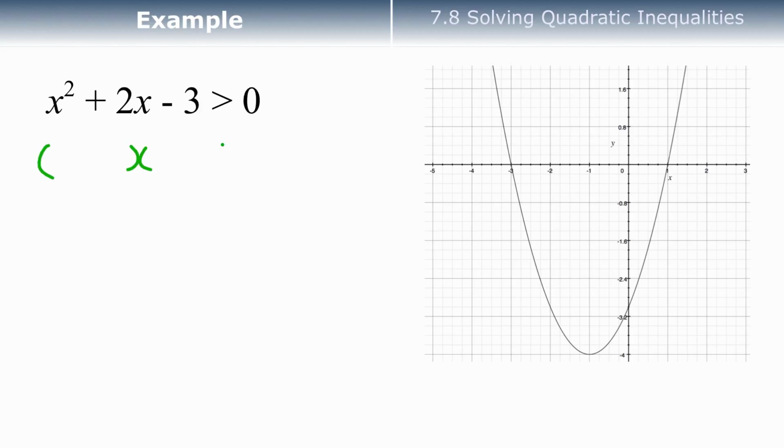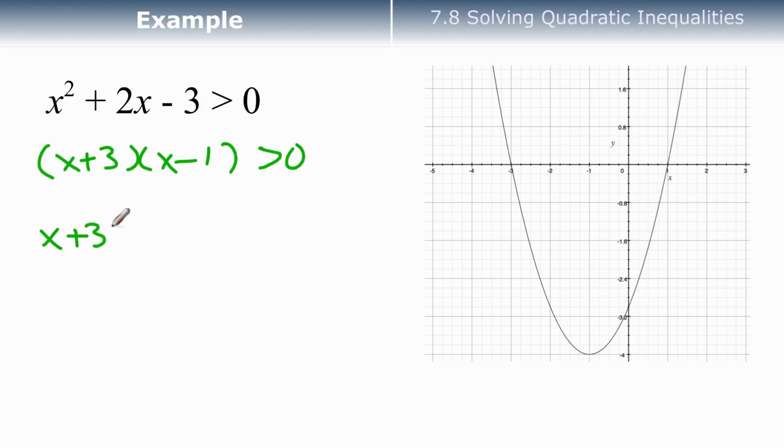So if I treat this just like an equals 0, I could factor this. And if I were to factor that, it comes out to x plus 3 and an x minus 1.